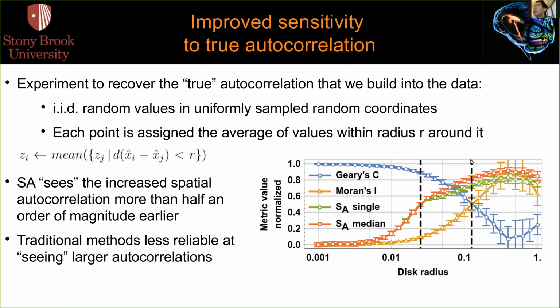Geary-C and Moran-Zai start seeing the same level of increase of autocorrelation about half an order of magnitude later, at the second vertical line. We also observe that both Geary-C and Moran-Zai are much more noisy on the right side of the graph, when the autocorrelation is much larger, and it even reverses direction, which can be very misleading.